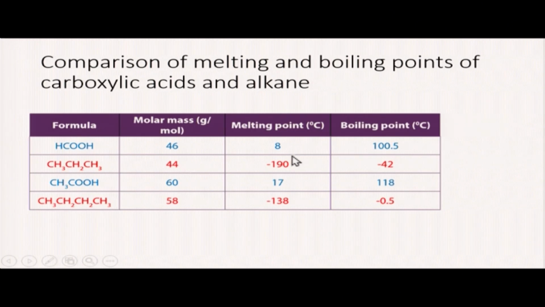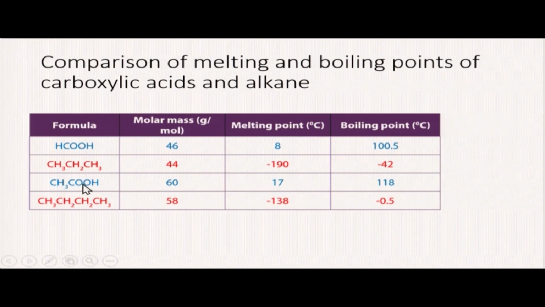But when you look at the boiling point, there is a very big difference. Methanoic acid boils at 100.5 degrees, whereas propane boils at negative 42. This is a liquid, this is a gas.